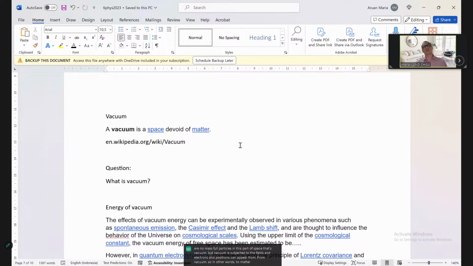So, in other words, matter and antimatter can appear from vacuum. You can think of vacuum as zero being equal to, for example, 1 minus 1. So it is kind of zero, but it produces 1, which is matter, and minus 1, which is antimatter. Also, 0 can be equal to, let's say, 100 minus 100. So it produced 100 particles of matter and 100 particles of antimatter.